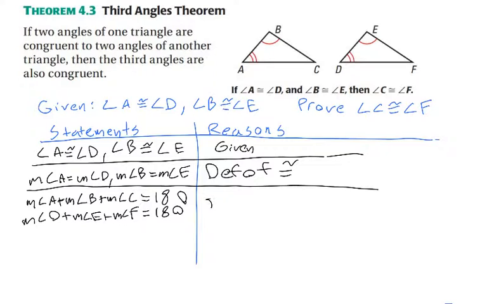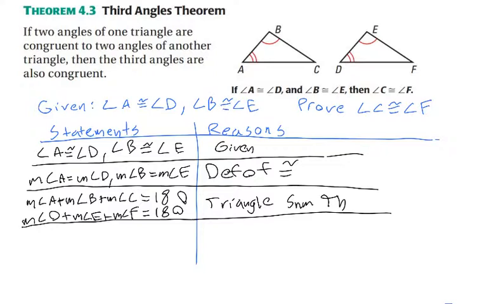So this is the triangle sum theorem. And we've got a bunch of equations. We can now start substituting and get that the measures of A, B, and C are equal to the measures of D, E, and F all added up, because both of these triangles add up to 180.